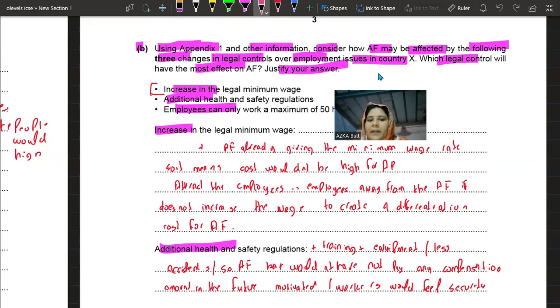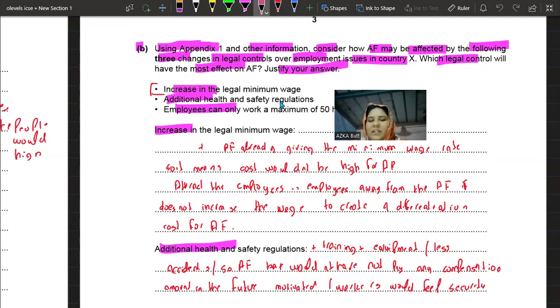Here they are asking about factors related to employment issues. In country X, this AF business is operating, and the government may have established some legal controls over employment issues. Whenever the government makes any kind of regulation, these regulations may bring some benefits and some disadvantages for the businesses. So we look at the legal controls which have the most effect on AF.